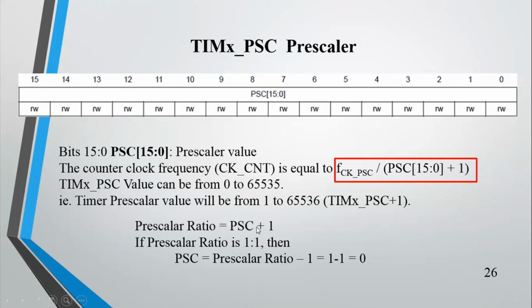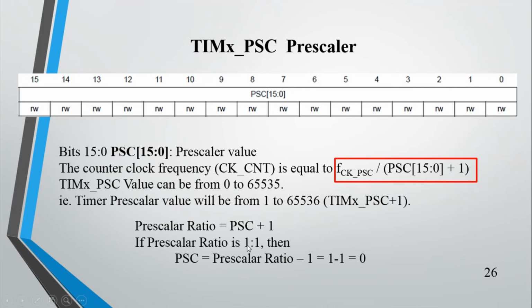So if I want to configure the prescaler ratio as 1:1, what value should I write here? PSC equals prescaler ratio minus 1. For the time being, my prescaler ratio is 1. So it is 1 minus 1, it is 0. So if I need to have a prescaler ratio 1:1, I need to configure PSC as 0.